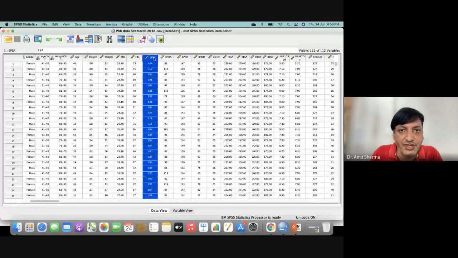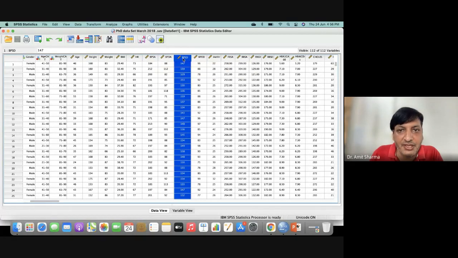You can see this one is systolic blood pressure on admission, and this is blood pressure systolic on discharge. The same patient was there. What was the reading when they were admitted, and what was the reading when they were discharged? So admission and discharge are the same condition for before and after.